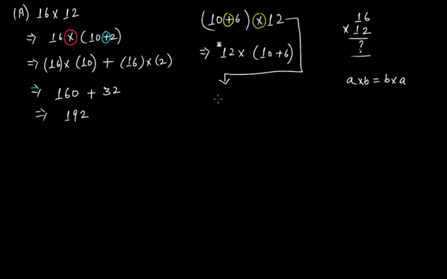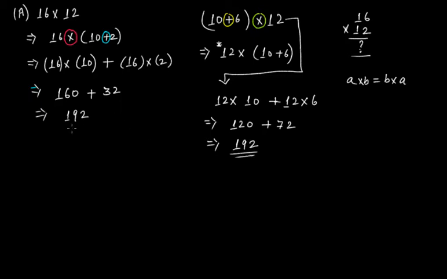This will give you 12 times 10 plus 12 times 6, which is 120 plus 72, and this gives you 192.